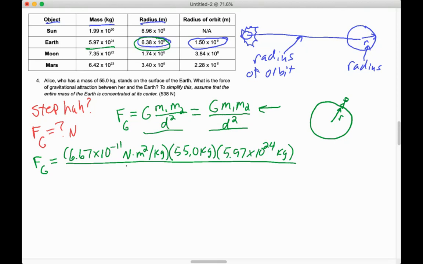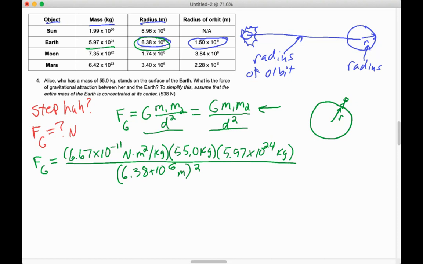That number is 6.38 times 10 to the 6th meters. And notice that this number gets squared. All right, so we've got some work to do in the calculator. I'm going to show you a particular way to do this in the calculator, and you really want to do it this way.